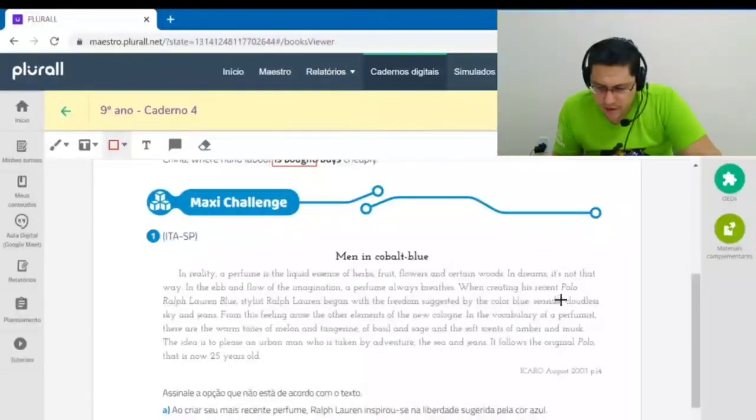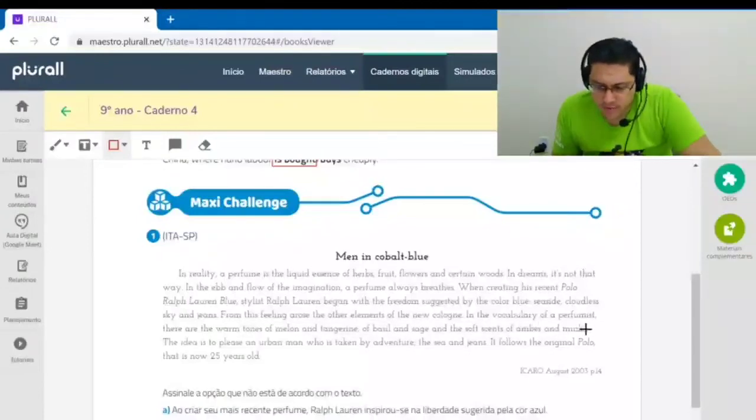When creating his recent Polo Ralph Lauren blue, stylist Ralph Lauren began with the freedom suggested by the color blue. The color blue, seaside cloudless sky and jeans.